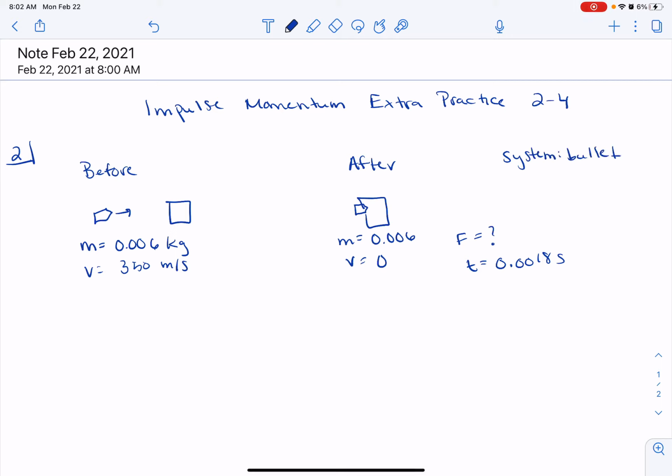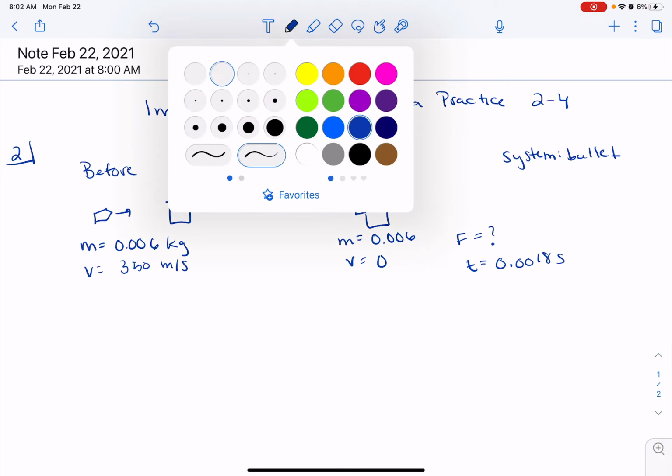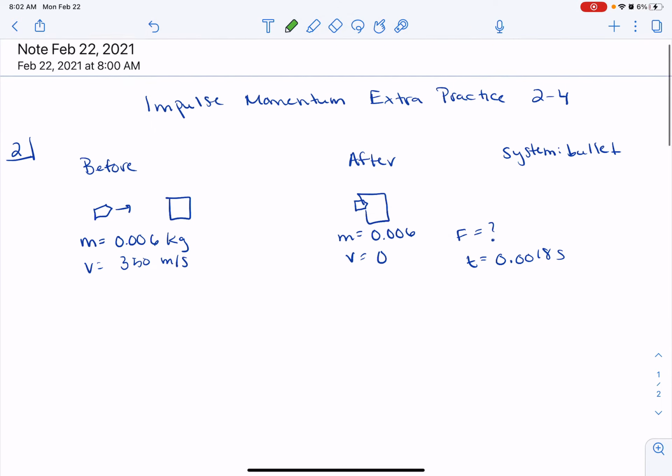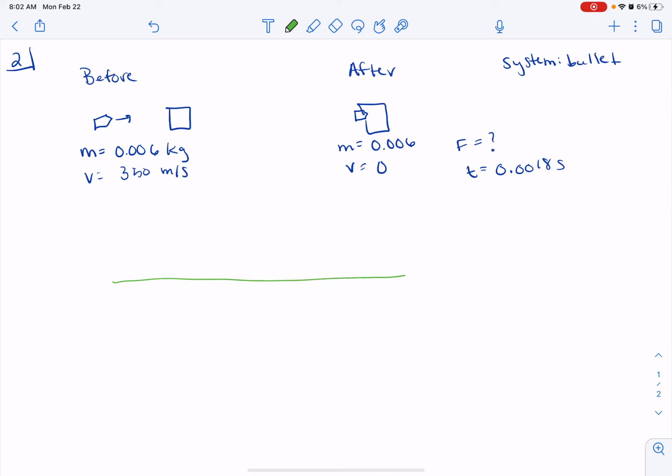Now we have a sketch, and our next step is to make an impulse momentum bar chart. Let me draw my chart: we have before, J for impulse, which is our change in momentum, and then after. Before, we have positive momentum because we have a positive velocity. After, we have no momentum because we have 0 velocity.